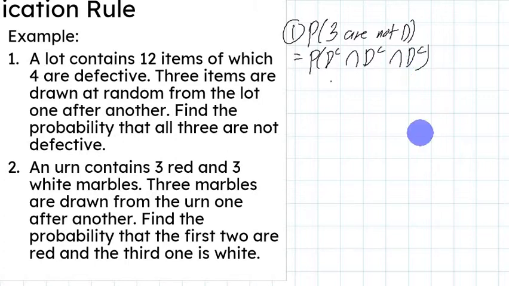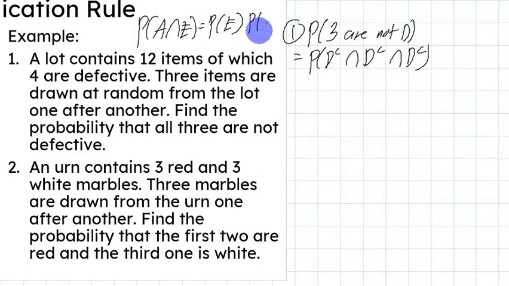We know that if we draw 1 non-defective, it will already affect the number of elements in the sample space of those who are not defective. That's why it is important that when we write the probability of A and E, we write the first event first, because this first probability affects the numbers that we use for the second probability, the probability of A given E.